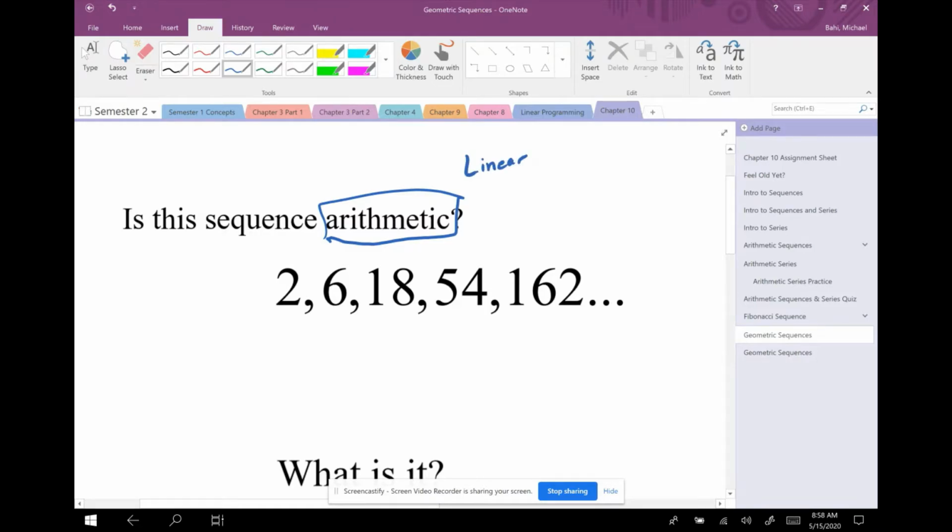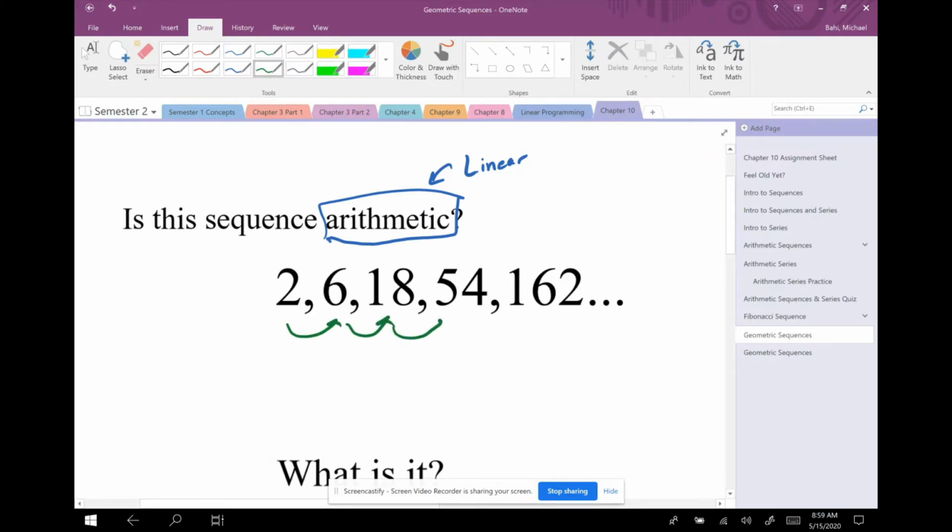So each time it would go up by a common number, which we call the common difference. So it would be added by a common number, whatever that would be, or a common difference. So in this case, we don't have a common difference.